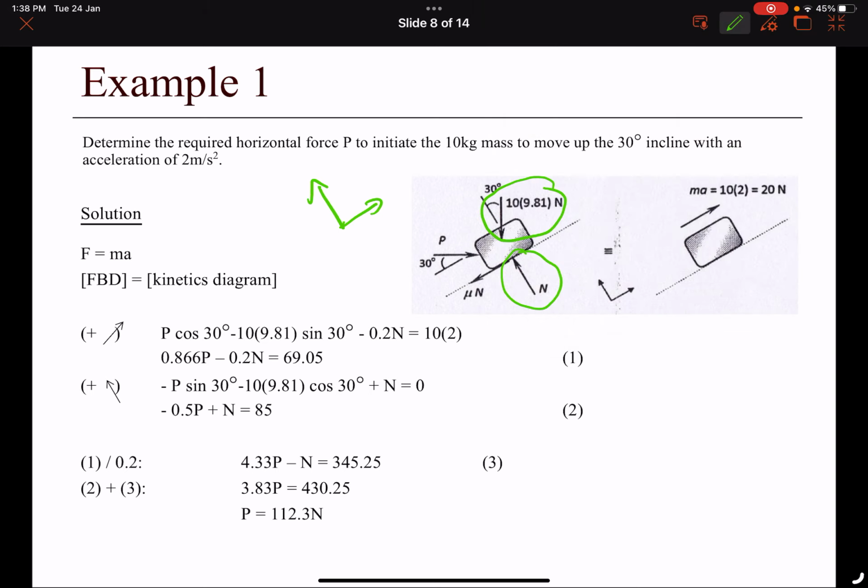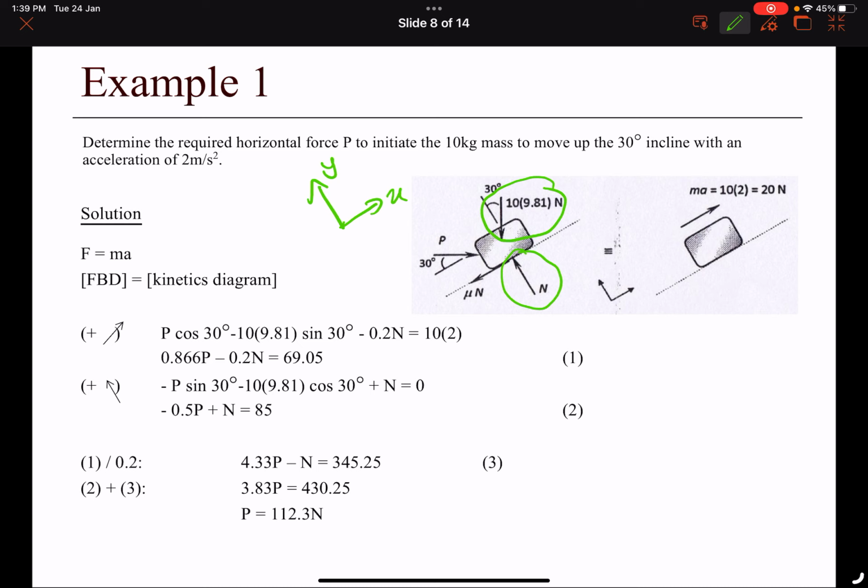The FBD should be the same, but the orientation is different. I mean, the axis is different. The FBD is the same actually, but the axis is different. It's up to you which one you want to choose. The final answer will be similar.